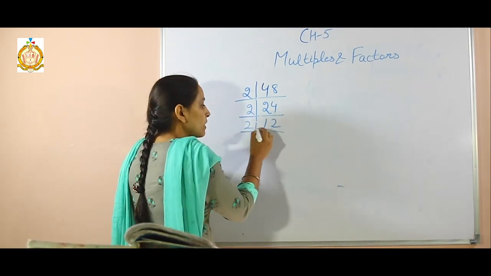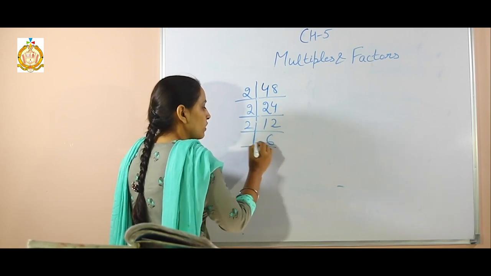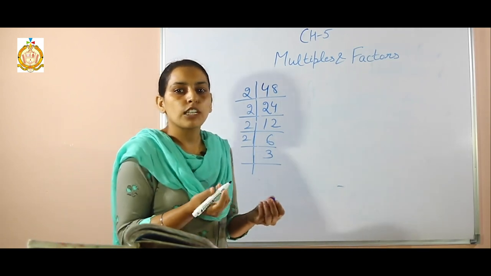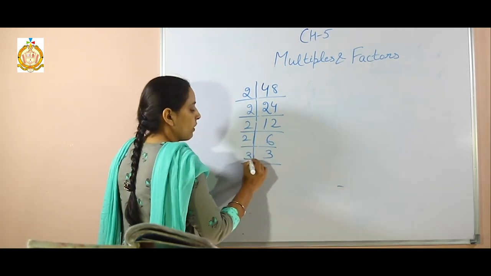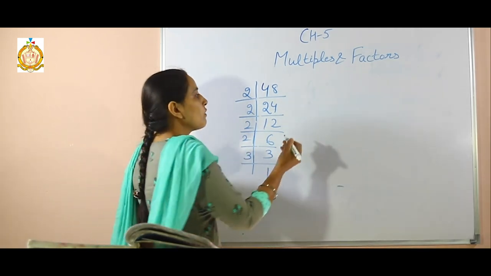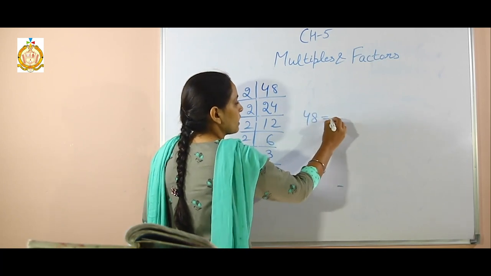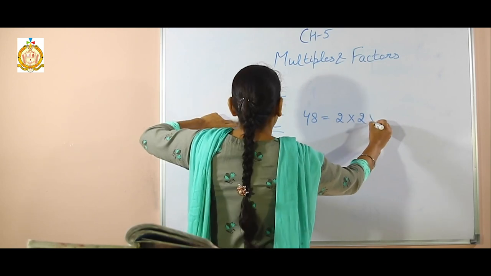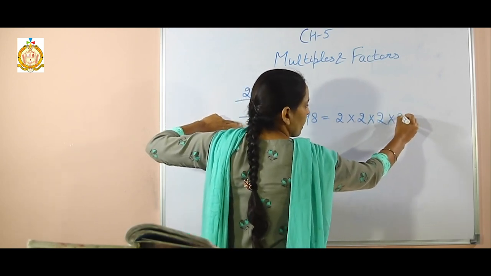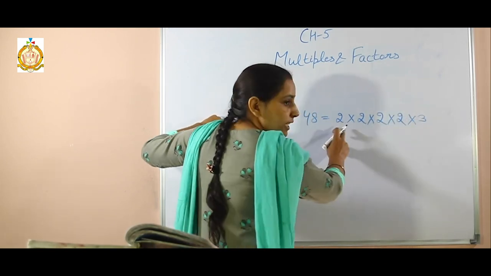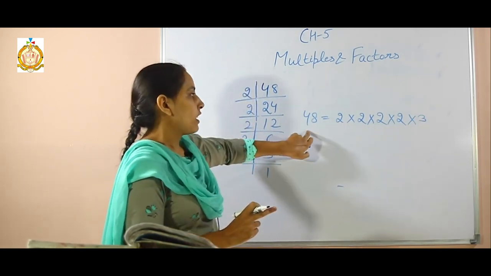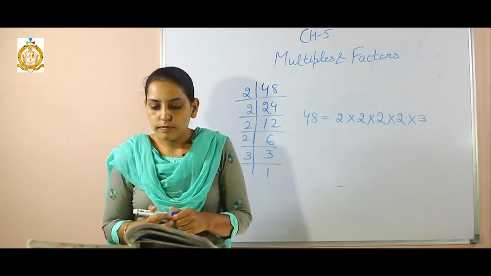Now 2 6s are 12, 2 3s are 6. Now students, 3 comes in the 3 table. 3 1s are 3. Now how can we write it? 48 is equal to 2 multiplied by 2 multiplied by 2 multiplied by 2 and 3. How many times does 2 come? 1, 2, 3 and 4. In this way you can write.